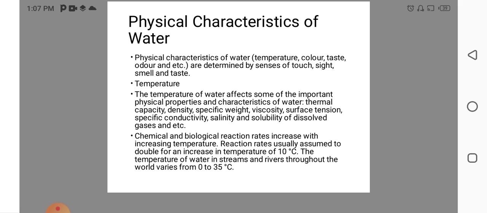Temperature is a physical property, and the characteristics of water are thermal capacity, density, specific weight, viscosity, surface tension, specific conductivity, salinity, solubility and dissolved gases, etc. Chemical and biological reaction rates increase with increasing temperature.